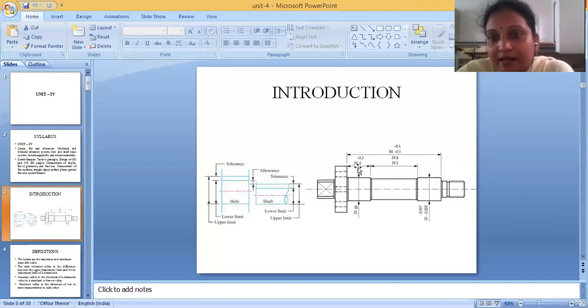Sometimes you will have the upper deviation as 0 and the lower deviation as minus some value, like minus 0.2 or minus 0.4. Whichever is the greater value, we consider it the upper limit, and whichever is the smaller value, we consider it the lower limit, and the difference between the upper limit and lower limit is called its tolerance. Now let us look at its definition.